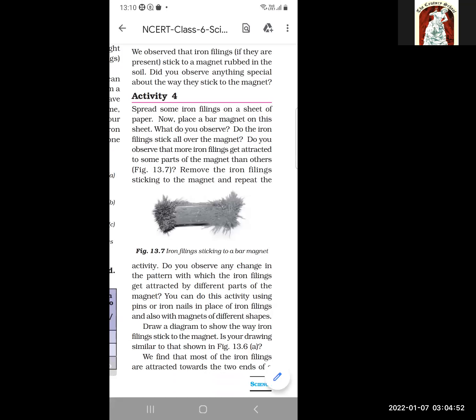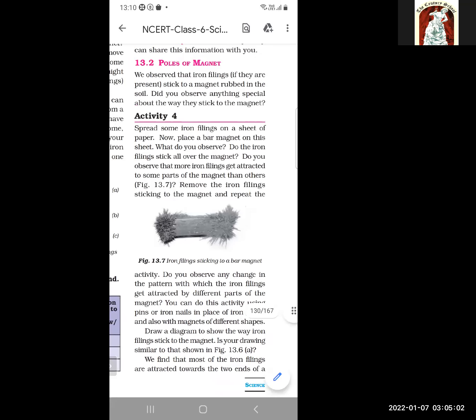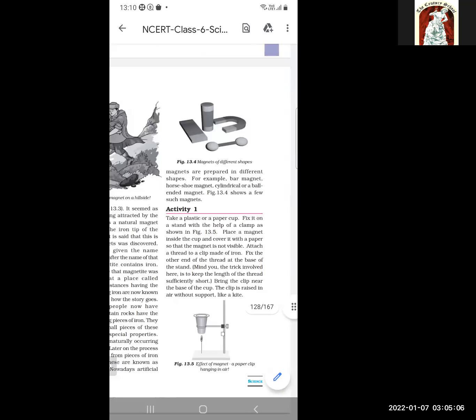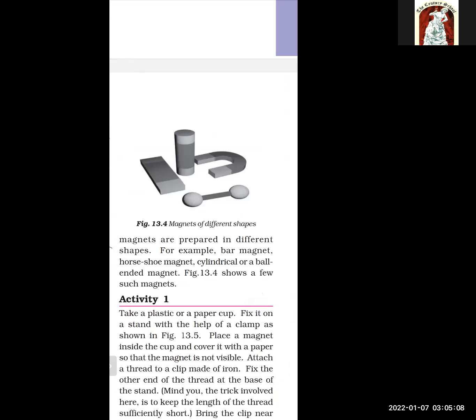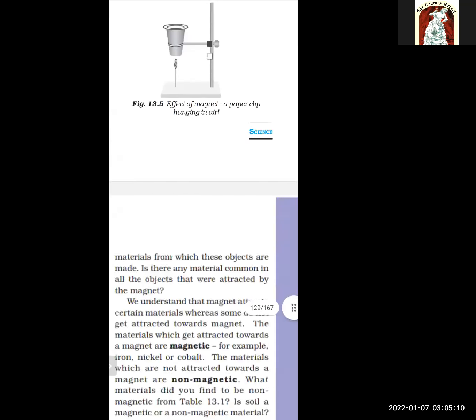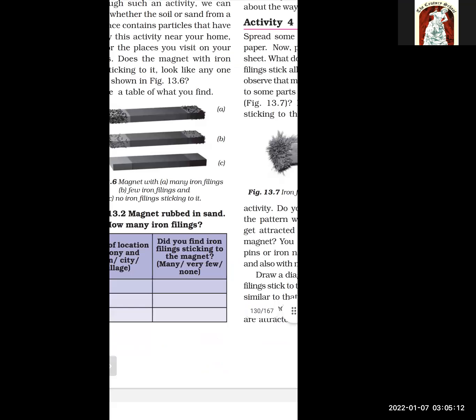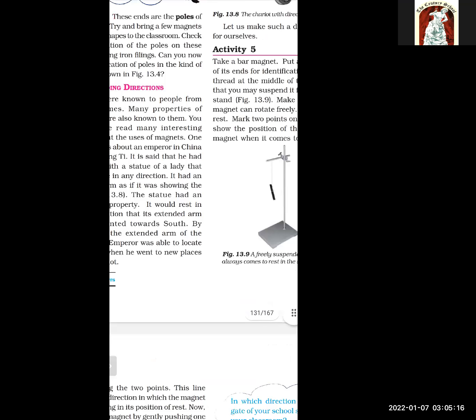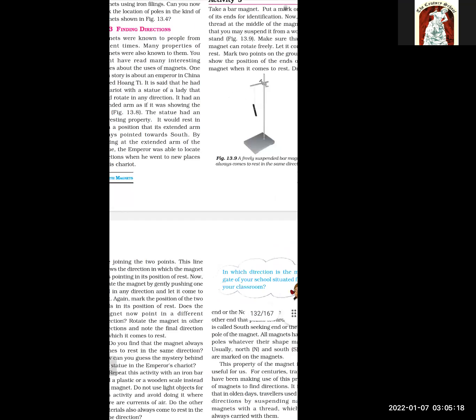So I will send some assignment today, and you will have to solve it in the practice notebook. You have to draw the picture of 13.4, different shapes of the magnet, in the fair notebook, and also draw the picture of a compass needle. So this is a compass.